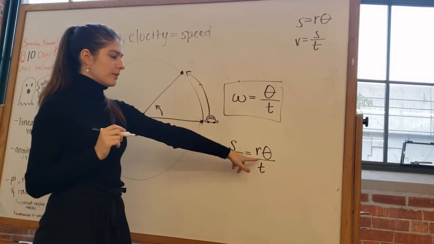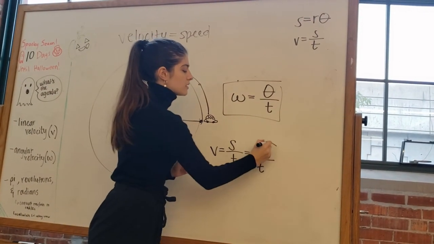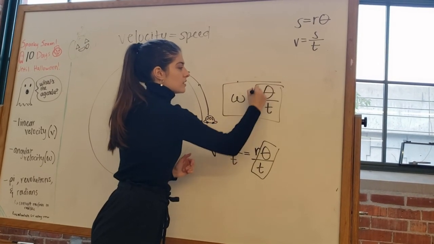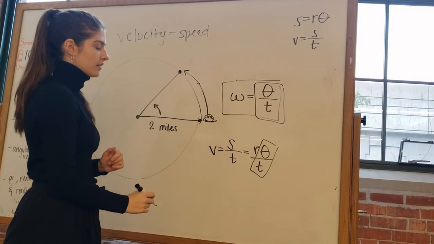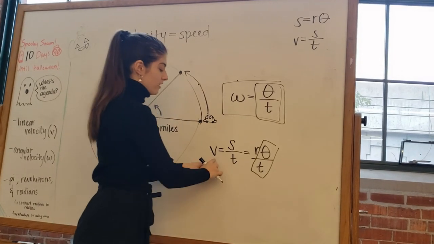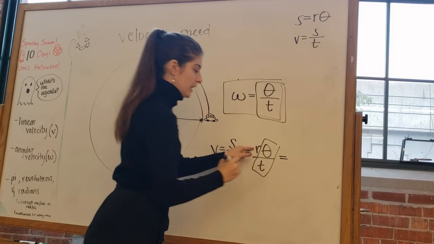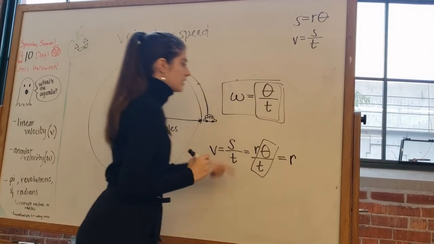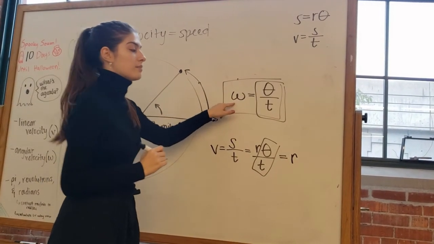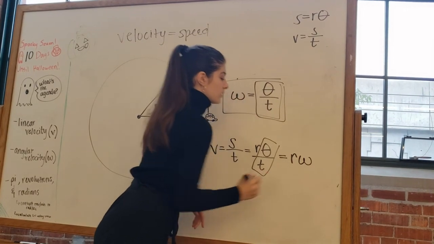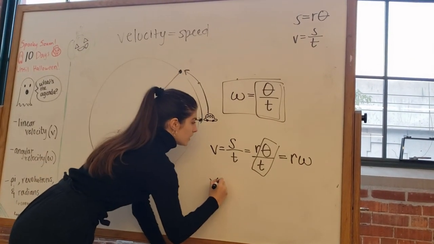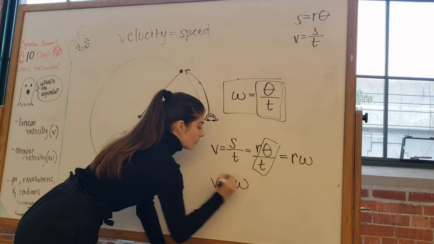That looks kind of familiar, right? This right here is this right here. So that means that our linear velocity is equal to the radius times our omega, times our angular velocity. Okay? So V equals R omega.